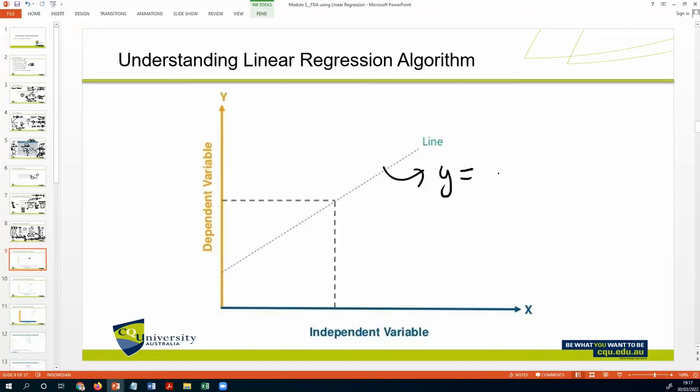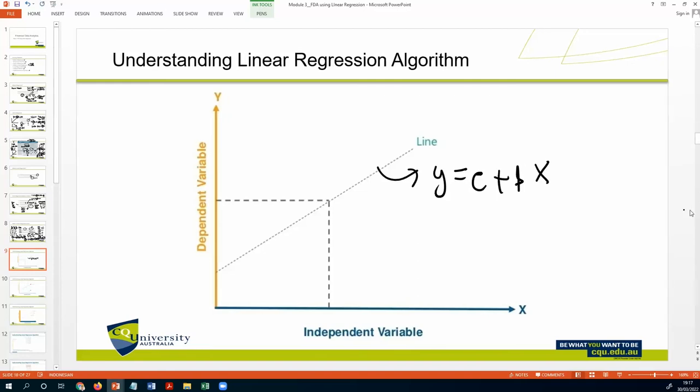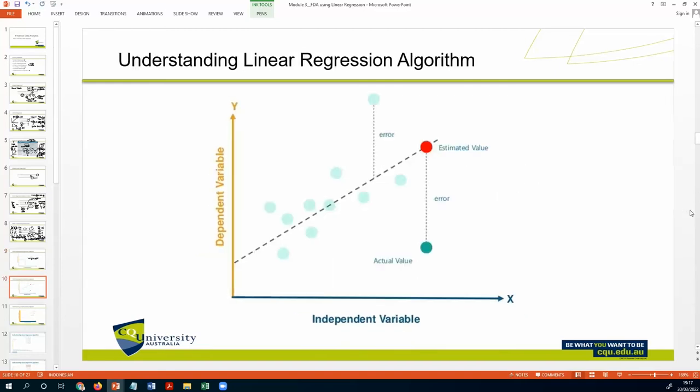Y equals constant plus beta x. There will be data here, given the data with the coordinates of data. Yeah. And what is the error?